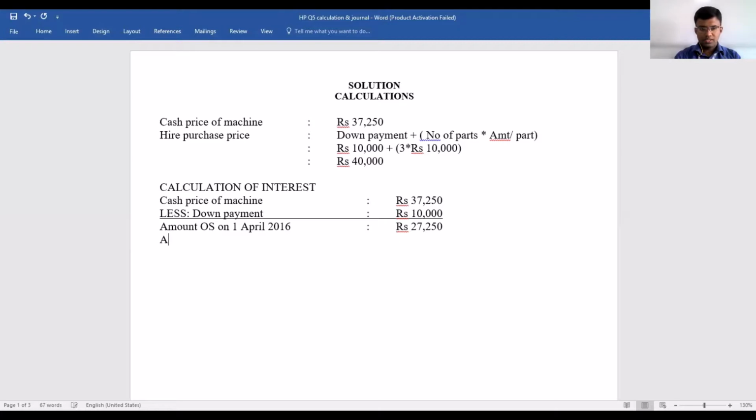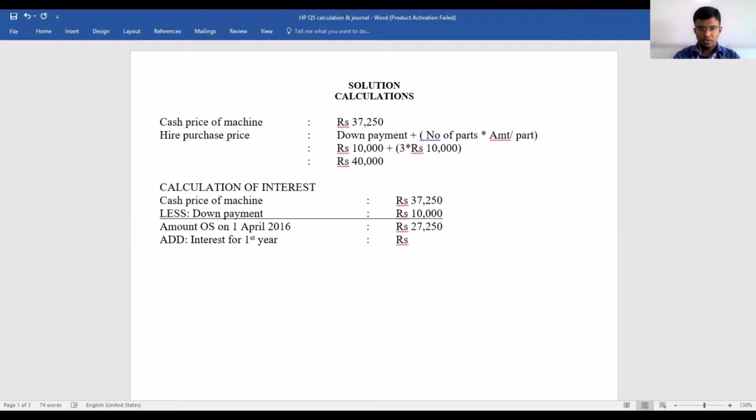Now, to this, we have to add interest. So interest, remember, we will be calculating interest for the first year.